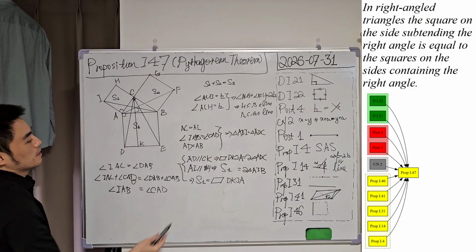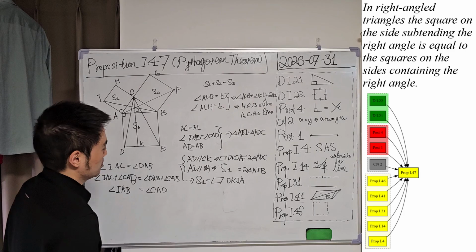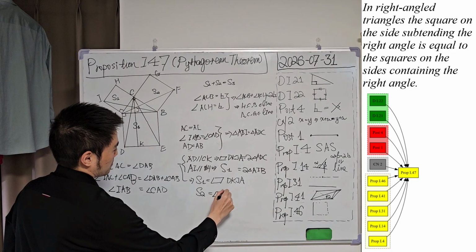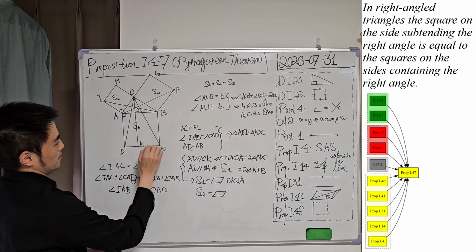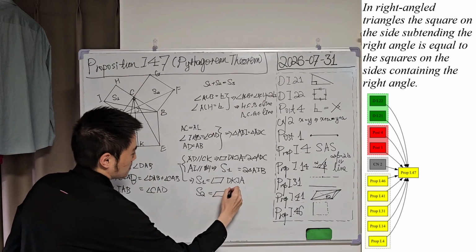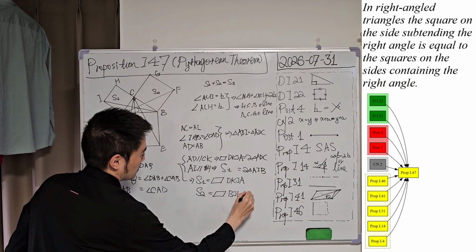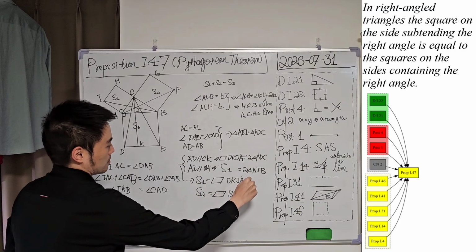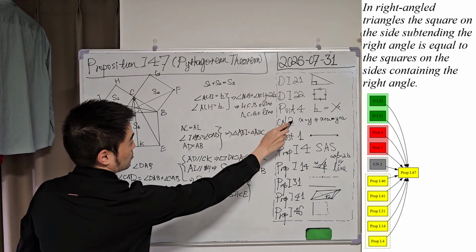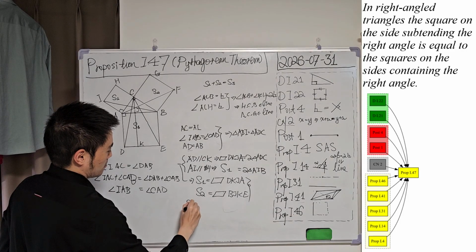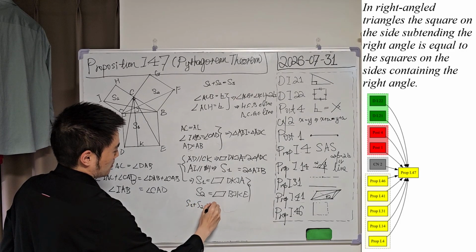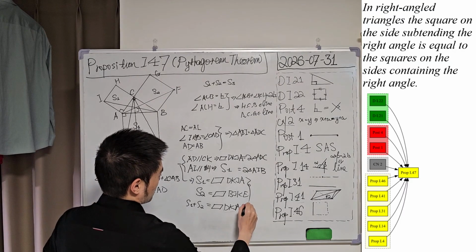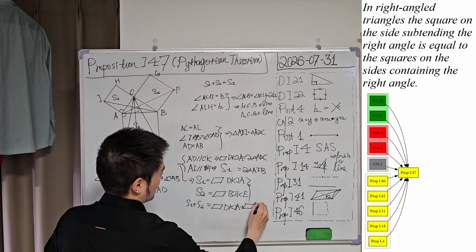With exactly the same method, which I'll skip the steps of, we can prove that square 2 will be equal to parallelogram BJKE, correct? If we add these two equalities together by applying common notion 2, S1 plus S2 will be equal to parallelogram DKJA plus parallelogram BJKE.